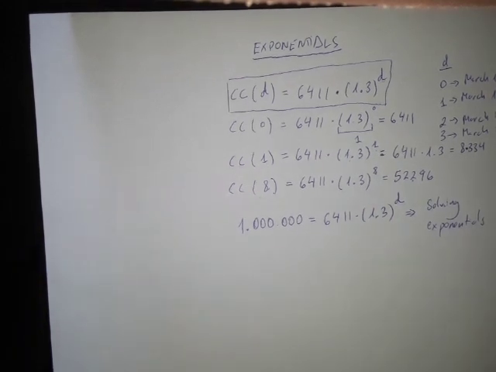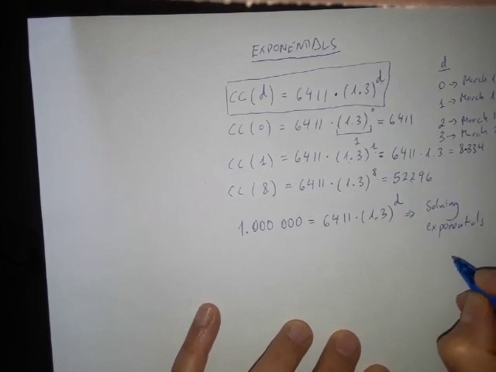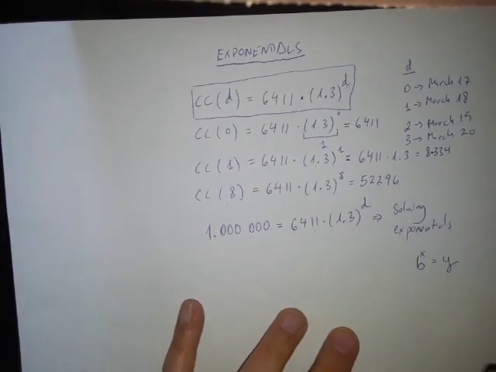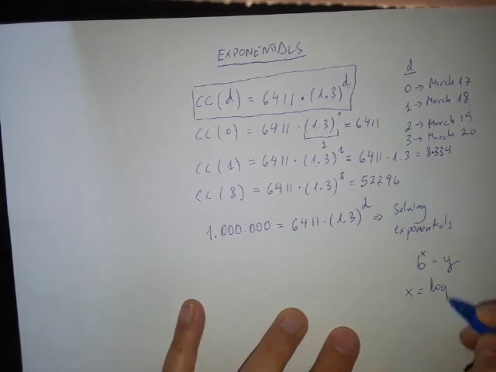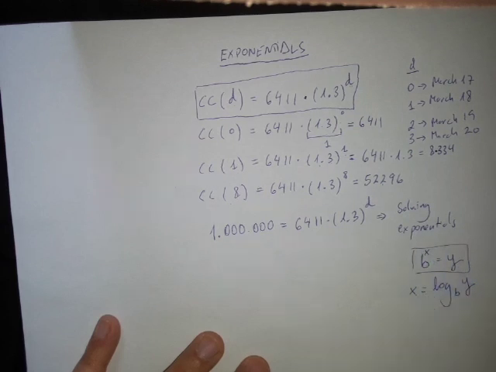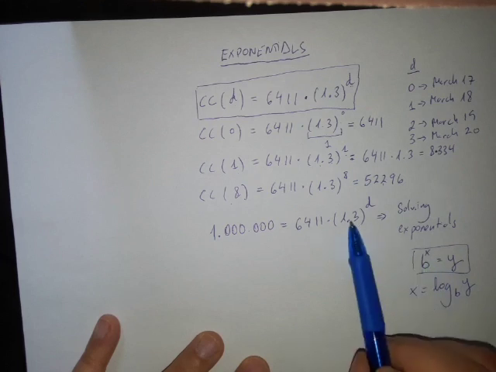Remember, b to the x equals y, and the way we write it is x equals log base b of y, right? So first we need to have an equation like this with only the base and the exponent.